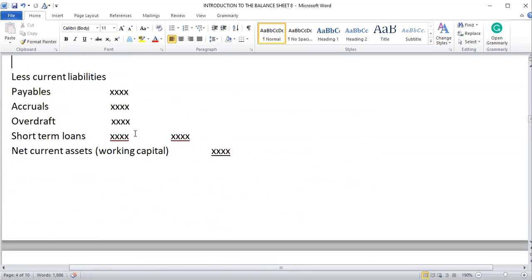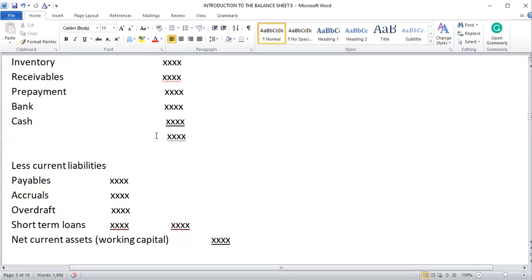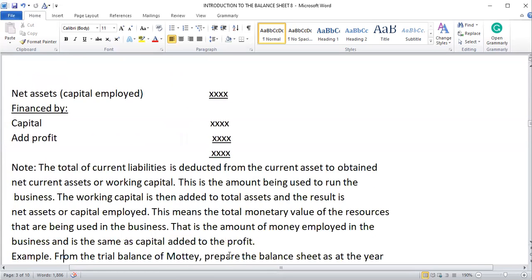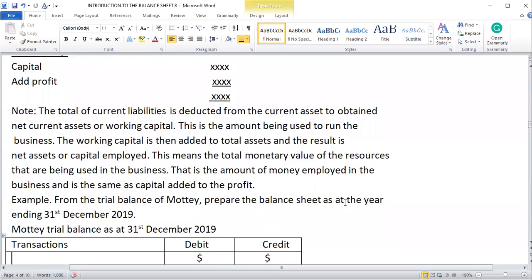That's what it should be. This is the amount being used to run the business within a year.